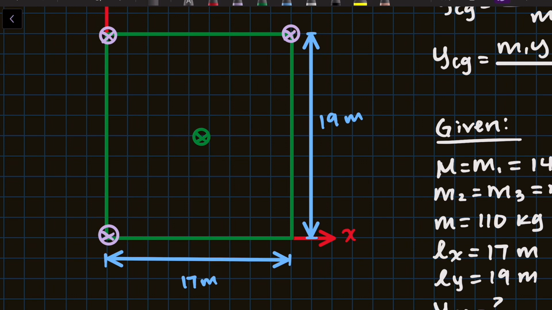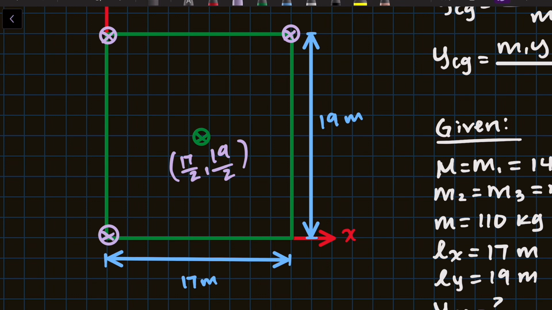Let's start with the dance floor. If it's at the center, then along the x you have 17 meters and along the y you have 19 meters. So that means this coordinate is going to be 17 divided by 2 because it's at the center, and 19 divided by 2.